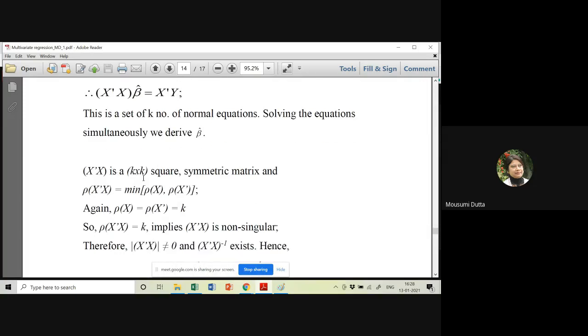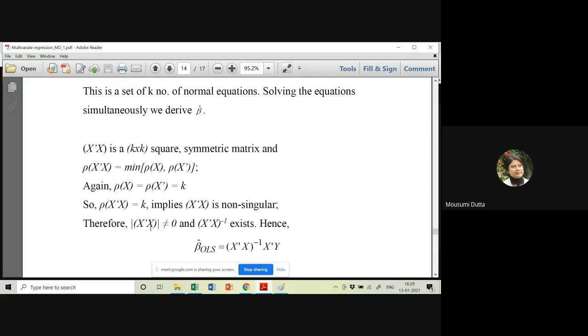X prime x is a k by k square symmetric matrix, and rank of x prime x is the minimum of rank of x or rank of x prime, which is k, because it is a k by k square matrix. So rank of x prime x is equal to k, which implies x prime x is not a singular matrix.